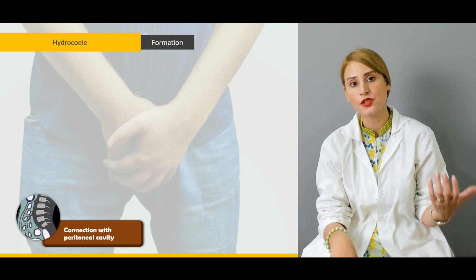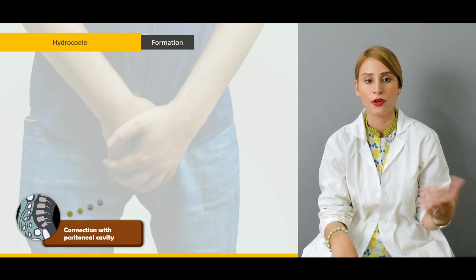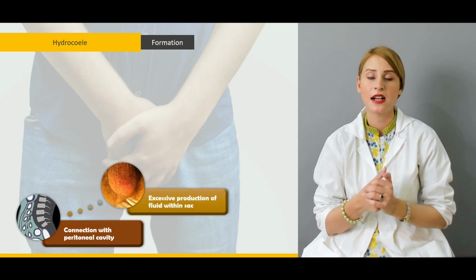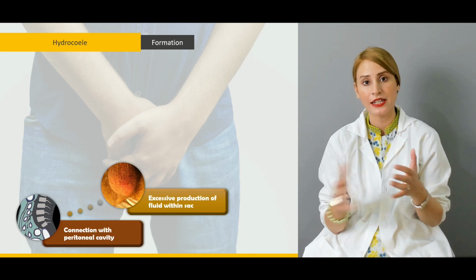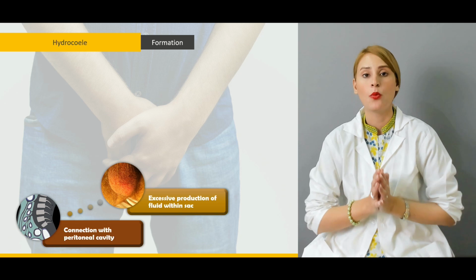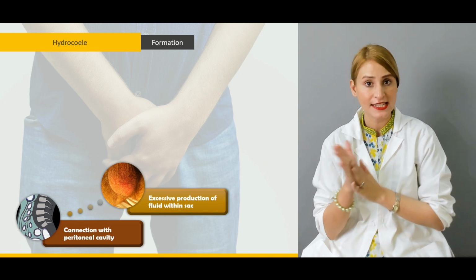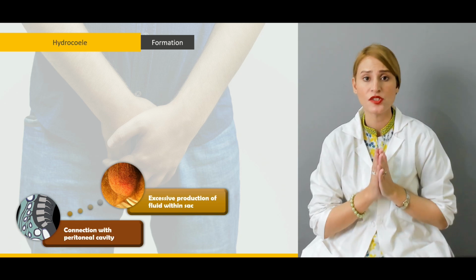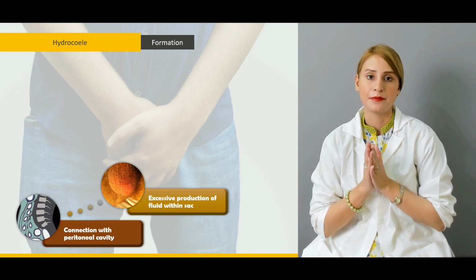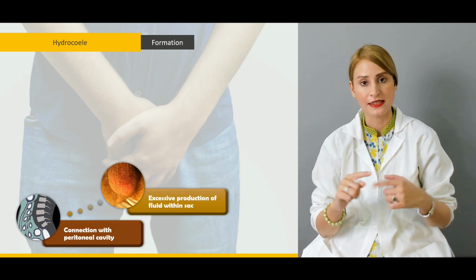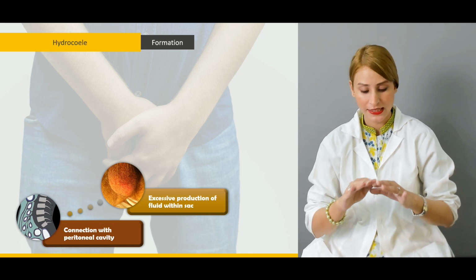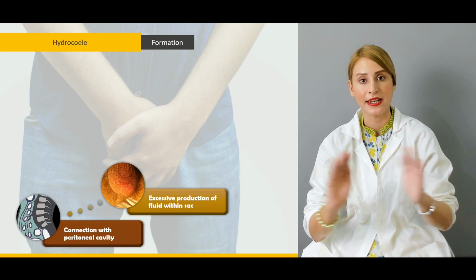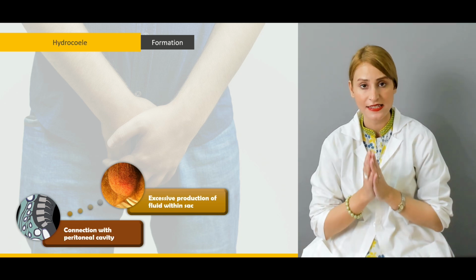So if we particularly talk about the formation of the hydrocele, we know that the processus vaginalis is a layer of peritoneum which is present in early gestational age. Whenever the baby is born, it converts into the tunica albuginea, which encircles the spermatic cord and the testes as well.